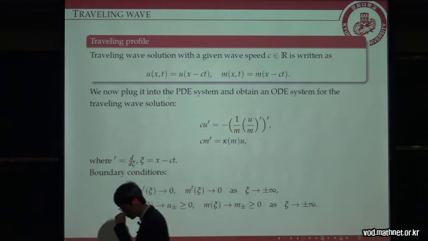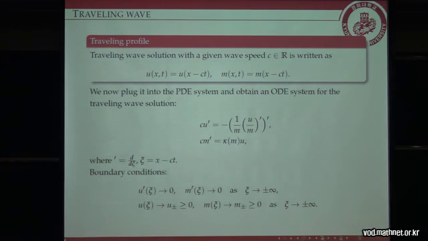To find a traveling wave solution, first of all, we define some traveling profile like this. If some solution has this form, then we call this solution a traveling wave solution. So we have an ansatz, right? We plug this one into our previous PDE system, then we can obtain this ODE system.